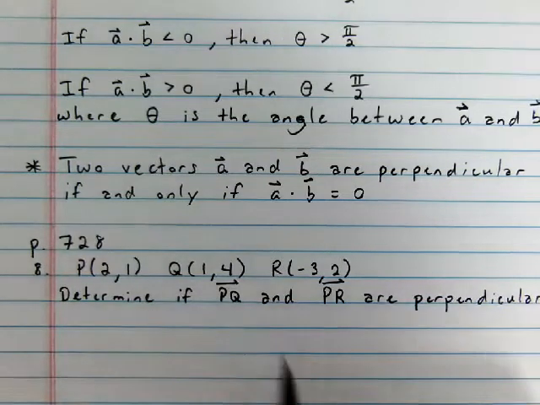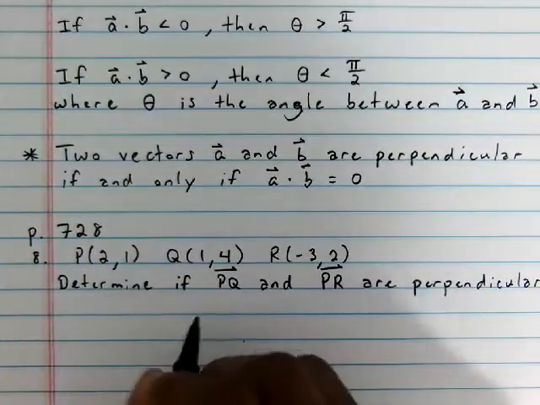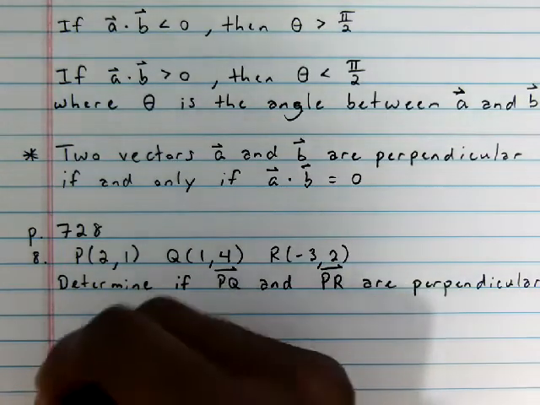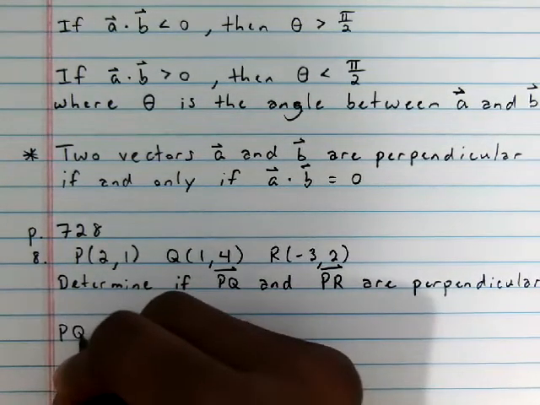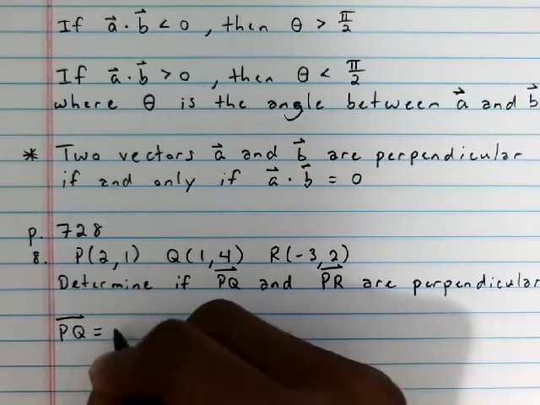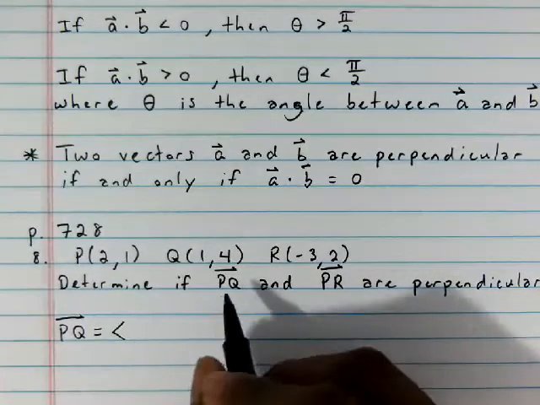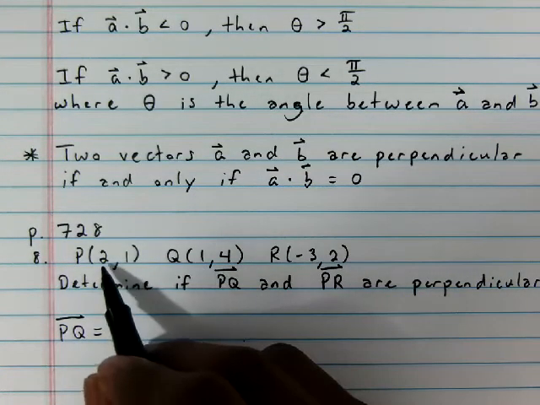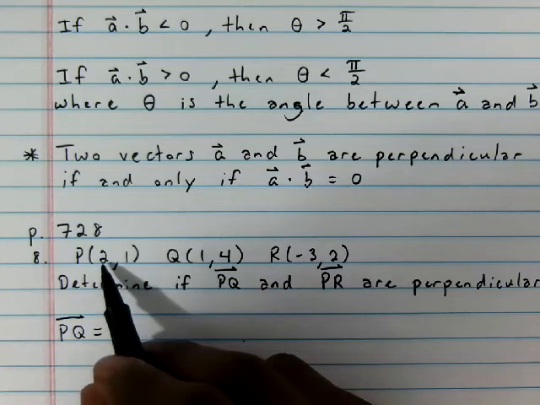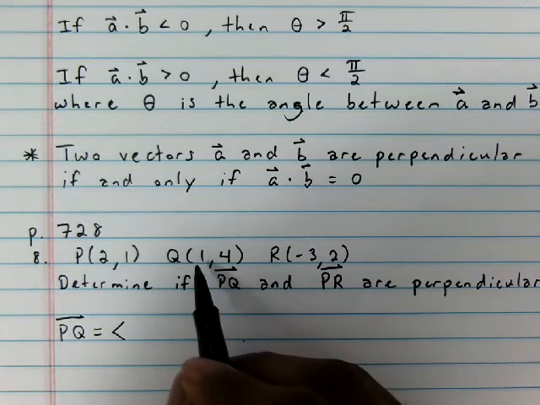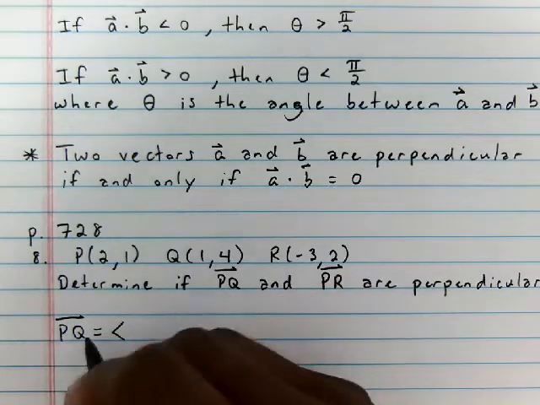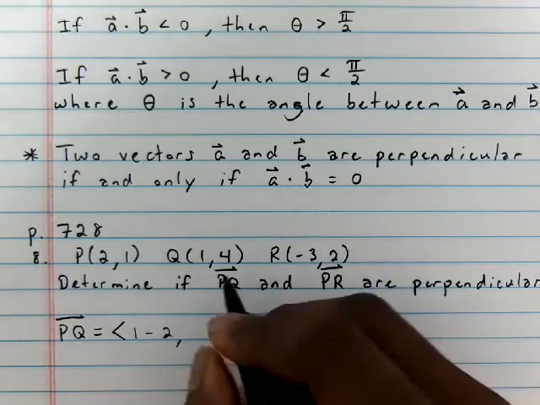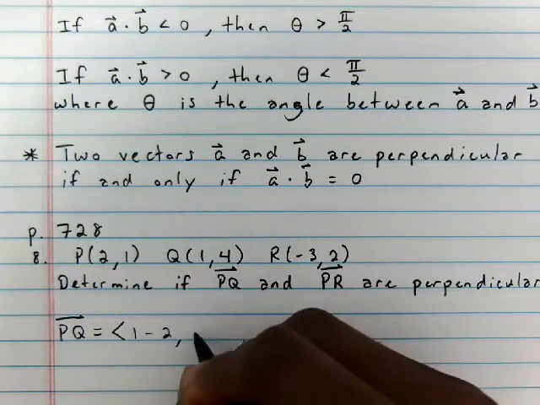So we'll go back to an earlier lesson where we looked at how to find a vector given points. PQ is equal to, and remember here, it's a little bit counterintuitive, we're going to do 1 minus 2 and then 4 minus 1. You don't want to do 2 minus 1 because if you do that, you'll be finding the wrong vector. So 1 minus 2 is our first component, and 4 minus 1 is our second component.